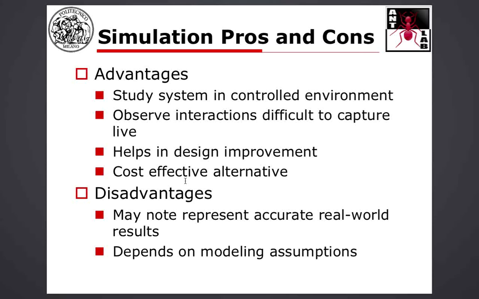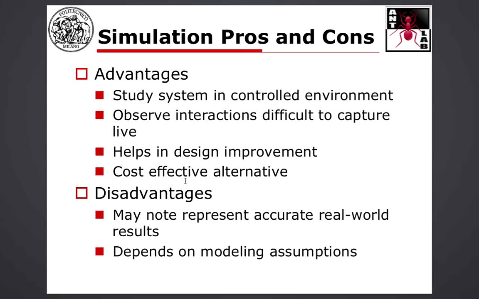We can observe interactions which are difficult to capture live, exactly because you can set proper conditions. For example, if you have a bug that happens only when a particular condition appears, you can enforce that condition during simulation, while if you have the system deployed in reality, you have to wait for that particular condition to happen, and this may be unlikely.